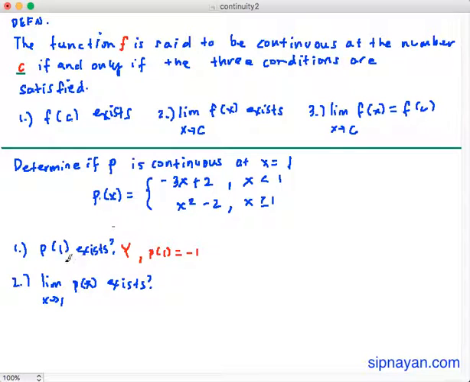Naalala nyo pa? So we have to test if the left-hand limit is equal to the right-hand limit. Pag pareho silang dalawa, ibig sabihin, the limit exists. So tignan muna natin yung the limit of p of x as x approaches 1 from the left. Ano ba ibig sabihin nun? 1 from the left.